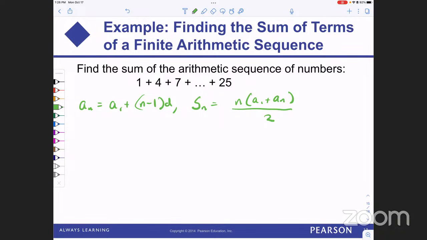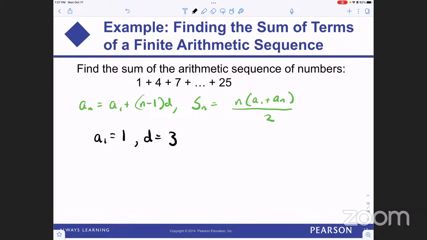So let's fill in the different components. We'll identify n in just a moment, but it looks like our first term is 1. Then for the nth term, we need to find the common difference. If it's arithmetic, notice to go from 1 to 4, we're adding 3, plus 3, and so on. So our common difference is 3. We're adding 3 each time.